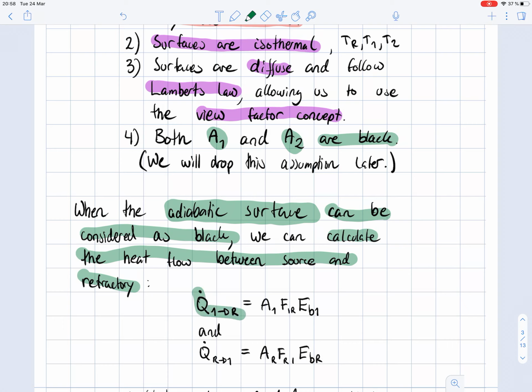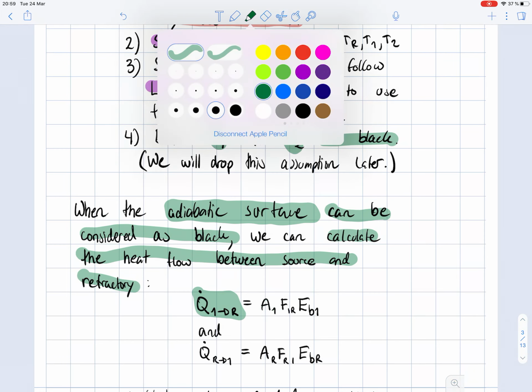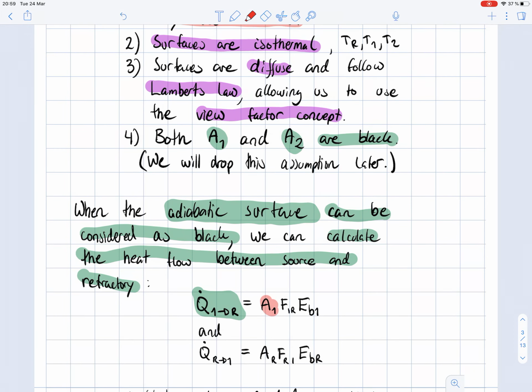So Q1R, so that's the heat flow rate from surface number 1, that's the hot surface, to the refractory. That is equal to A1 times F1R times EB1, which ultimately depends upon the temperature of that surface.